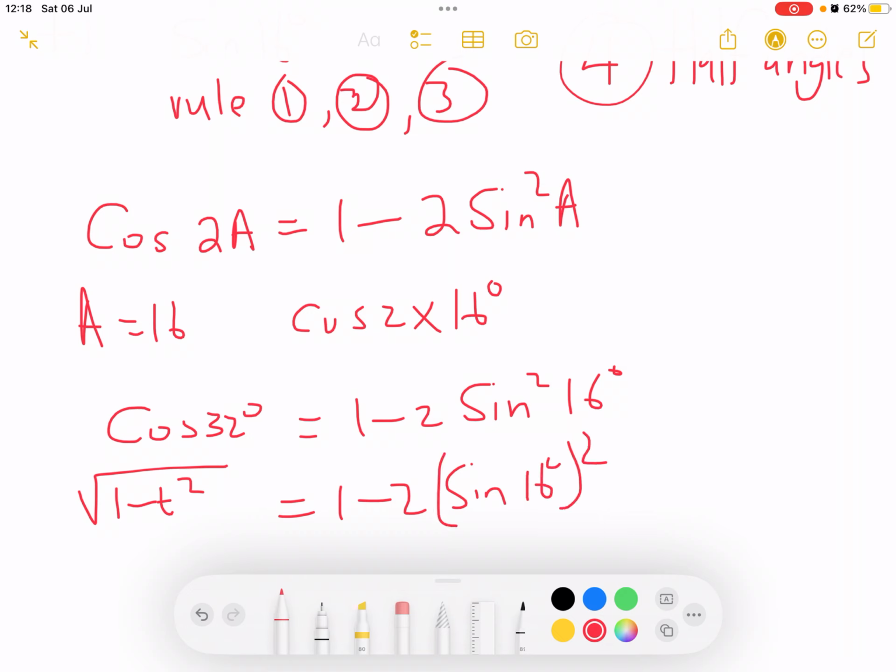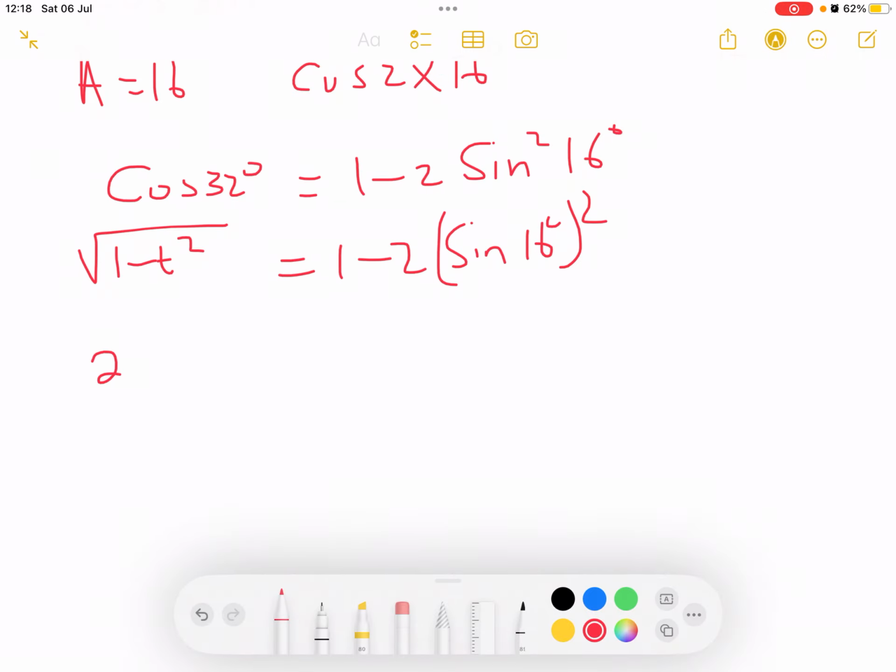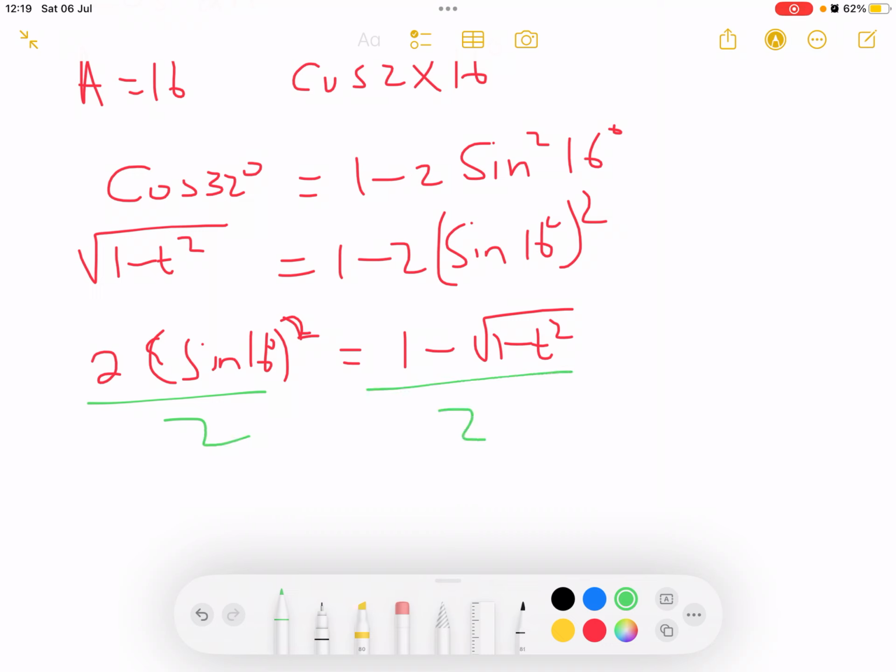Then we take the 2 sine 16 degrees all squared to the other side, and 1 minus square root of 1 minus t squared to the other side, and then we divide by 2 all out.